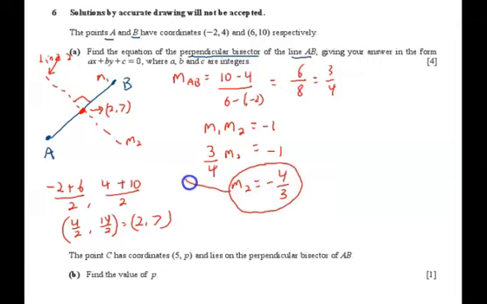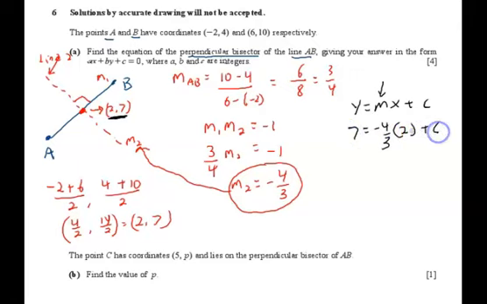To find the equation, guys, most importantly we need a gradient and a coordinate. The gradient here will be negative 4 over 3, and your coordinate will be the midpoint of AB, which is (2, 7). So just put that 2 and here 7. Now we have to find the C here.